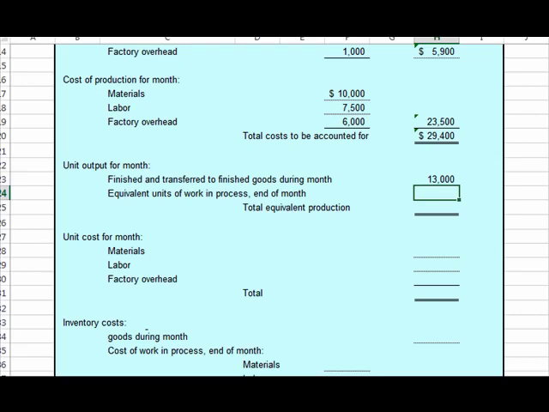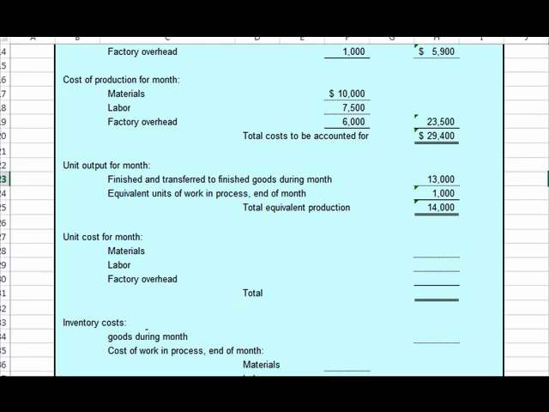Well, we had 2,000 units started, 1/2 complete, so that's equal to 2,000 times 1/2, or 0.5. So that's 1,000 equivalent units. We'll sum those two, and that gives us 14,000 total equivalent production, or total units that we're going to count for the month of October.